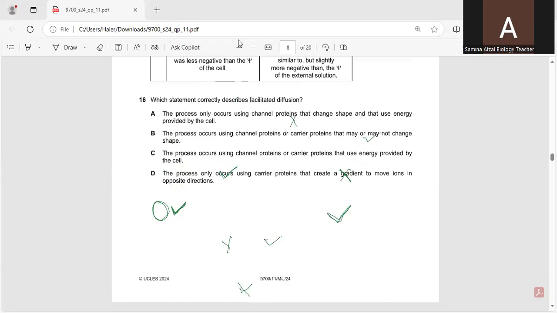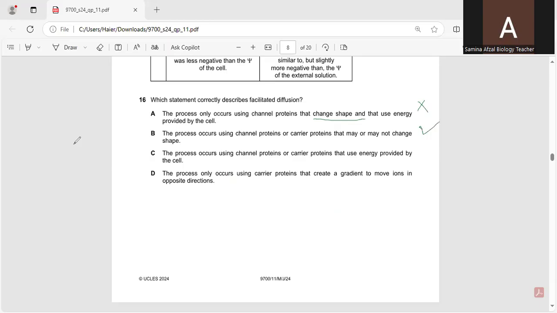Question number 16. Which statement correctly describes facilitated diffusion? The process only occurs using channel proteins that change shape and that use energy provided by the cell. They don't change shape, so this is not the correct option. The process occurs using channel proteins or carrier proteins that may or may not change shape.